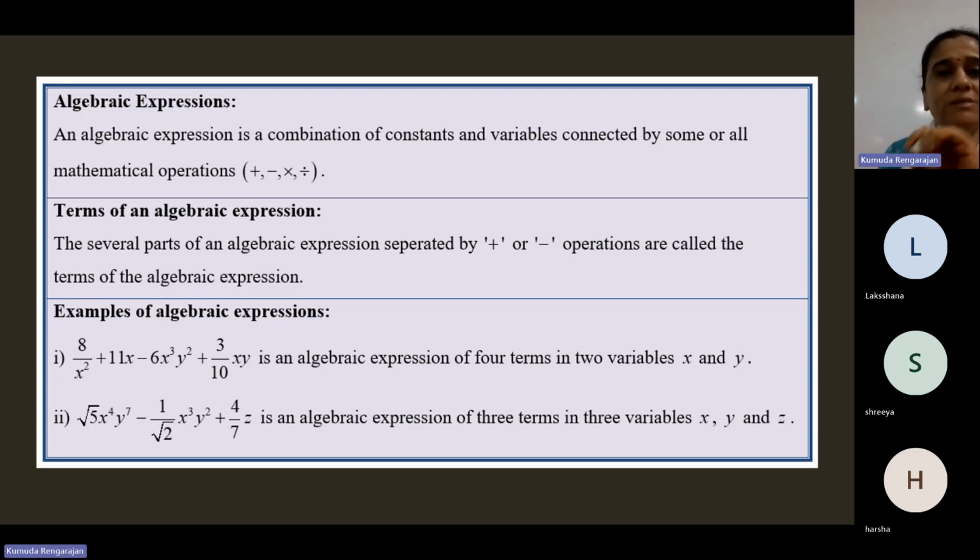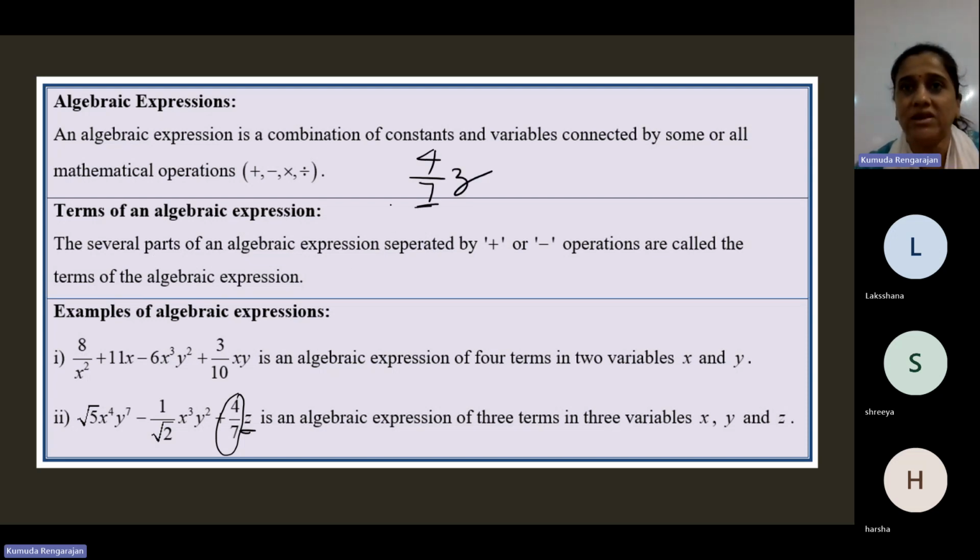In the term 4 by 7 z, what does 4 by 7 mean to z? 4 by 7 is the coefficient of z. But which is the power of z? 1 is the power of z.